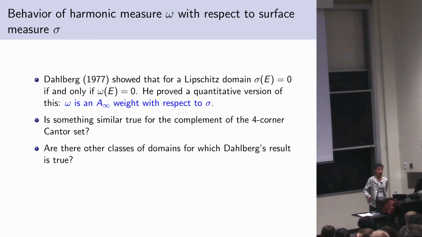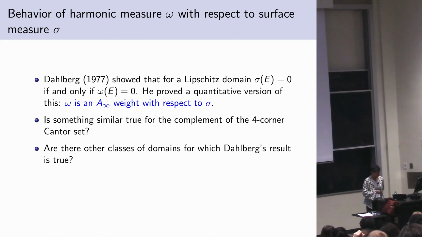So now what I'm giving you is a list of questions that has motivated the research that we're doing now, including the question I asked: is there a way to distinguish between the circle and the 4-corner Cantor set? Not by the harmonic measure necessarily, but by a cousin of it. That is the question that has motivated the research that we put out this week, okay?